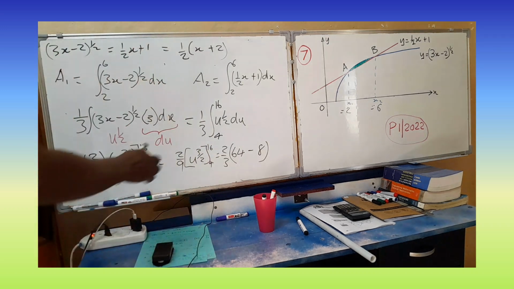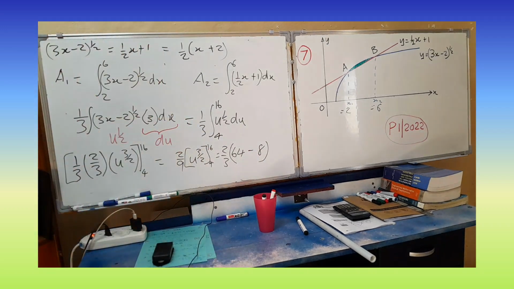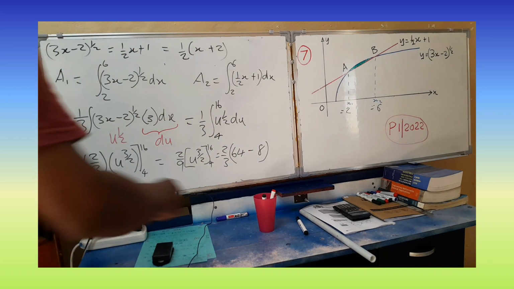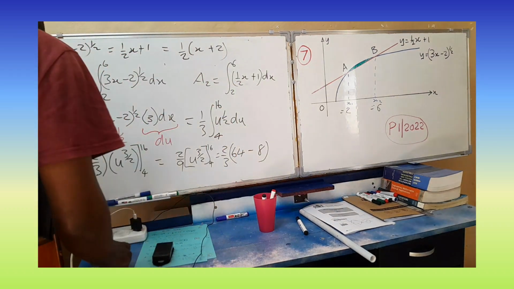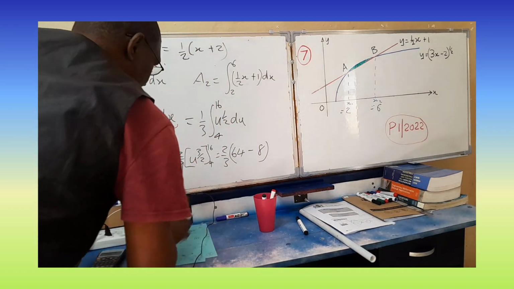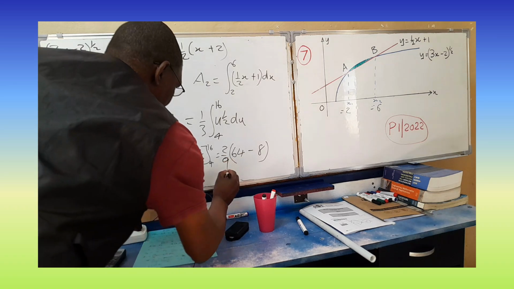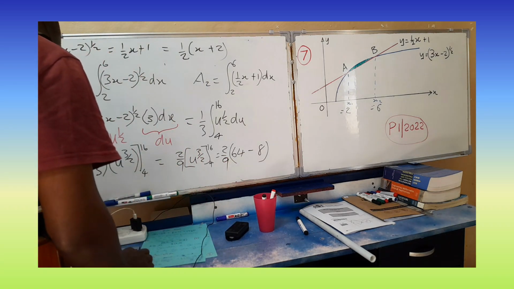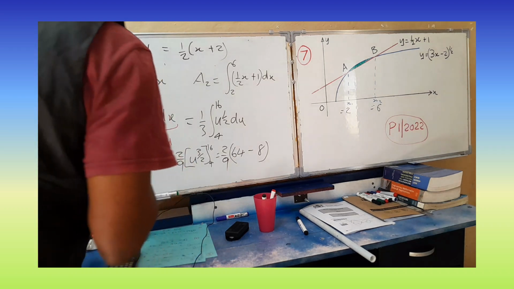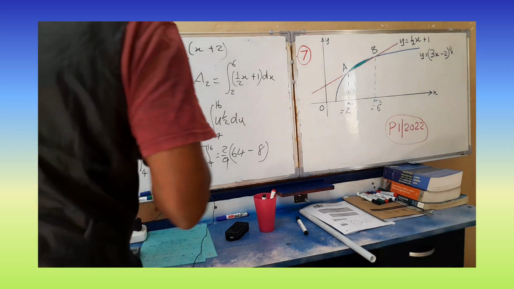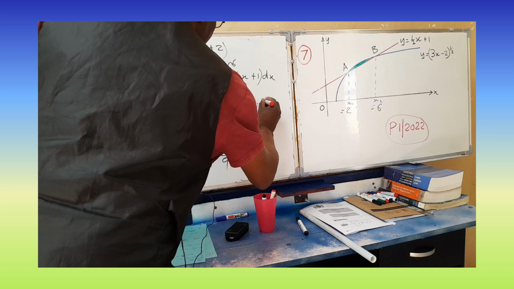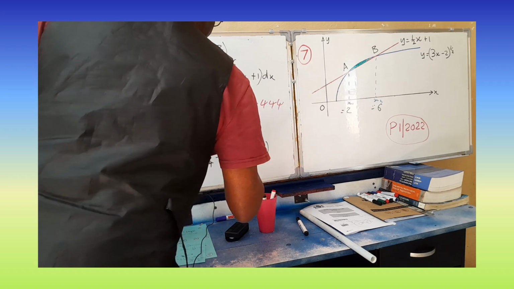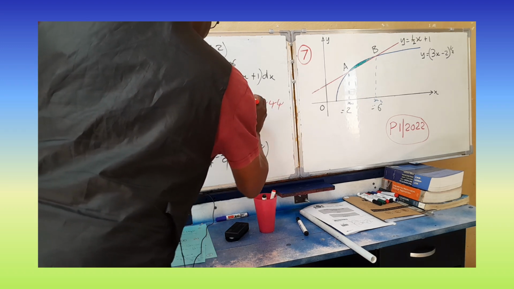And we finally get 64 minus 8, which is 56. 56 multiplied by 2/9, sorry, 56 times 2, divided by 9. I'm getting here an answer of 12.444. That is now our A1.